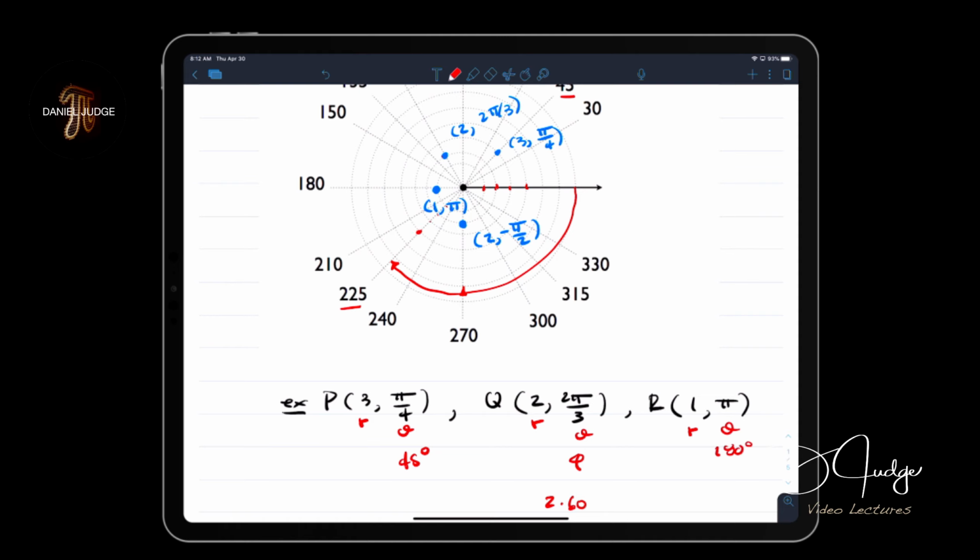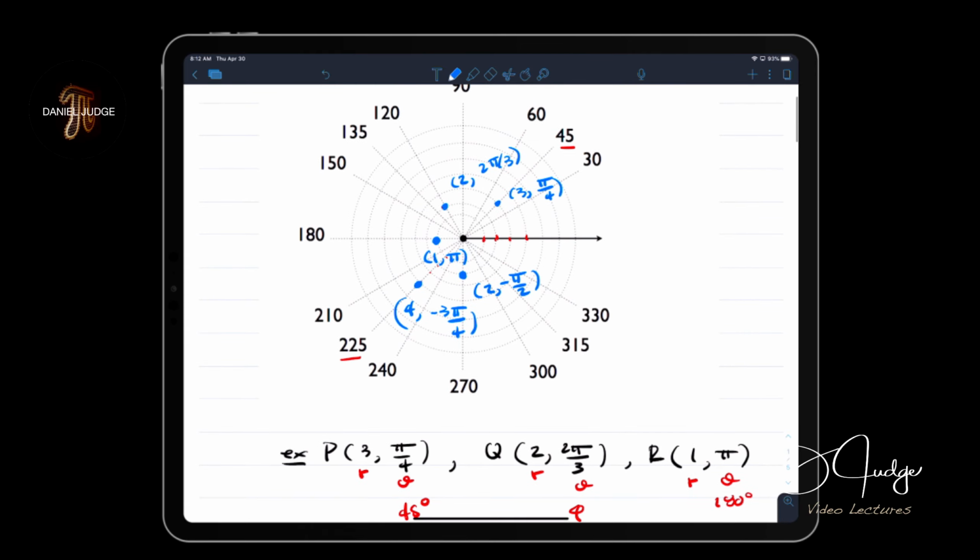Here's our point. We're now at 4, comma, negative 3 pi over 4, the formal address. And that's our location over here.